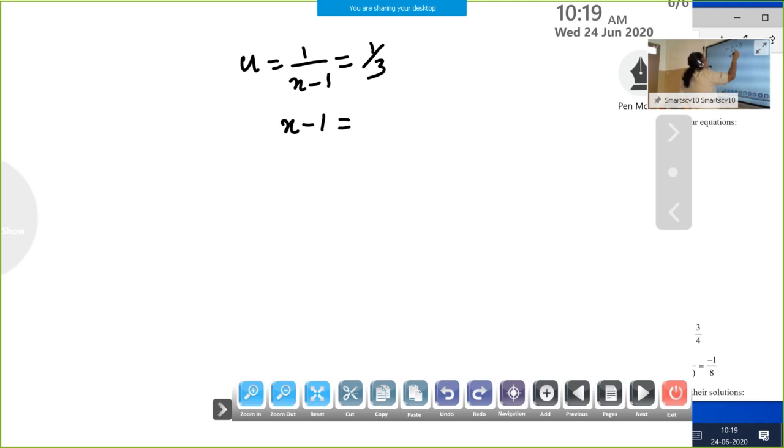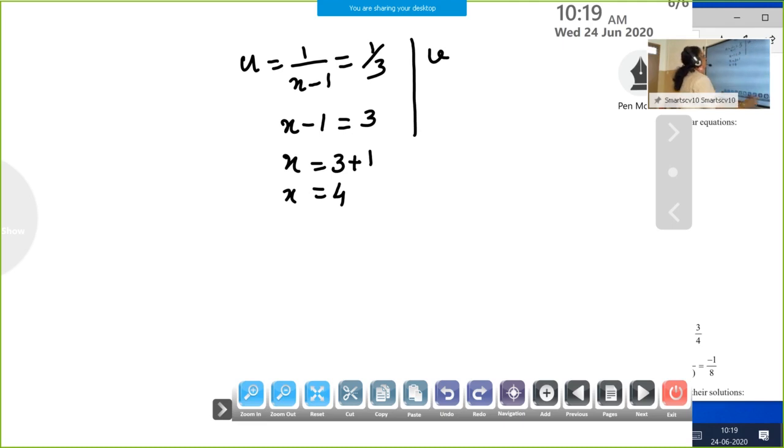Taking reciprocal, x minus 1 is equal to 3. Then what is x? x is equal to 3 plus 1, x is equal to 4.